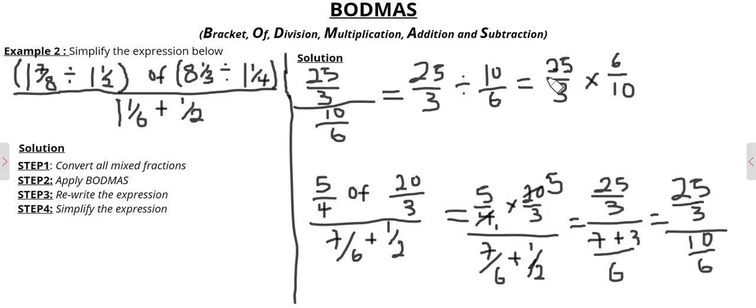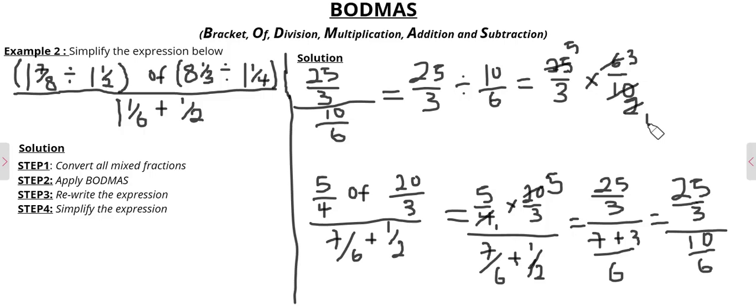So now look at it carefully. We have 25 here and we have 10 here. So 5 can divide, and when 5 divides 10, we're going to have 2. And when 5 divides 25, we're going to have 5, correct? Now 2 can also divide here to be 3, and 2 here will be 1.